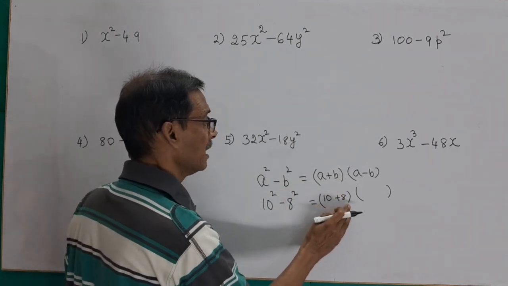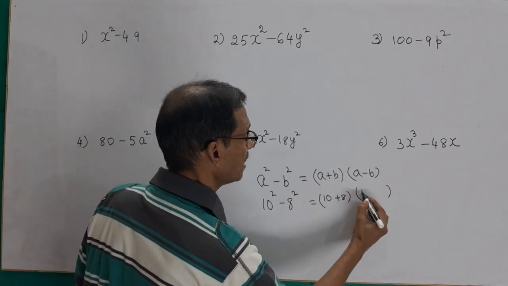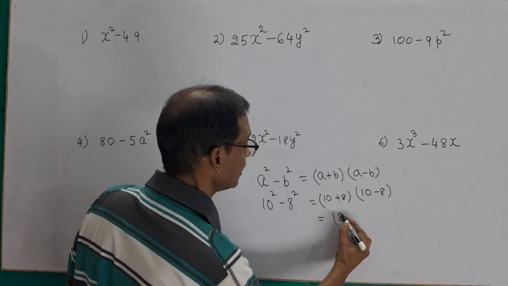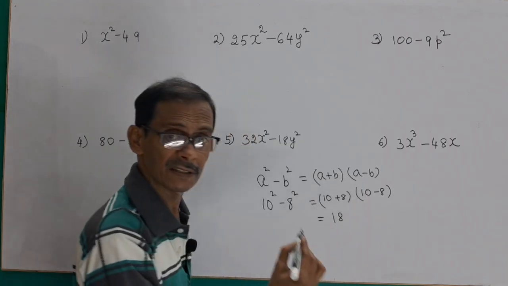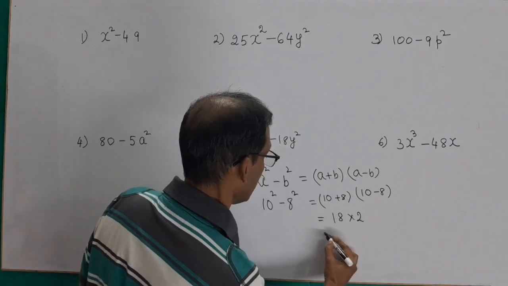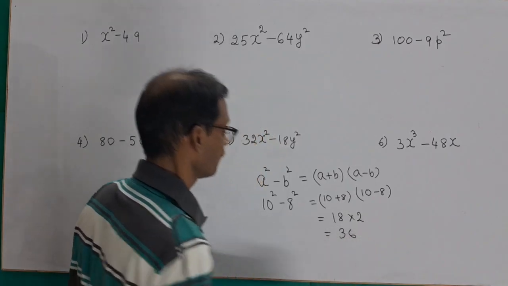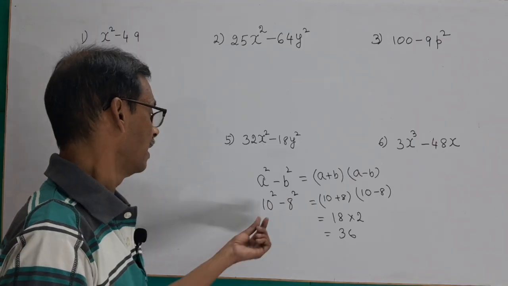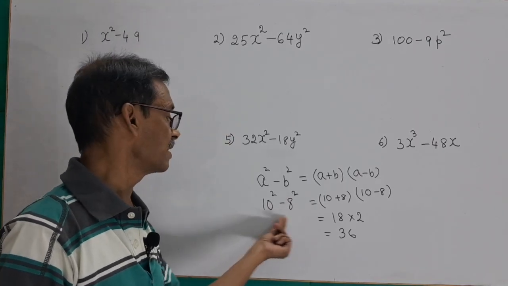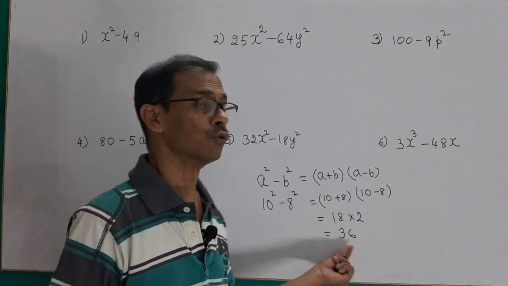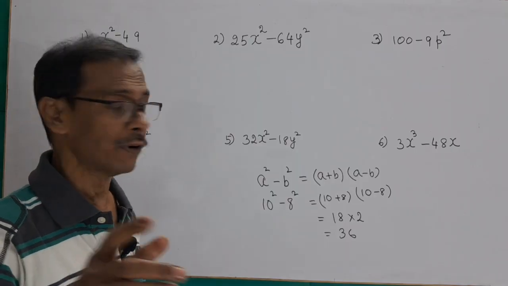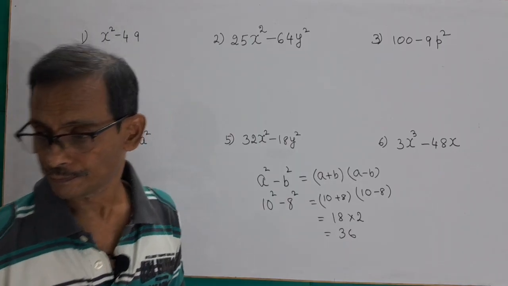So 10 plus 8 and a minus b, that means 10 minus 8. Now 10 plus 8, 18. This bracket means multiply. Multiply 10 minus 8, 2, and this is 36. If you would have done 10 tens are 100 and 8 eights are 64, then subtract 64 from 100, then also you would have got 36. So this is the identity that I wanted to teach you.